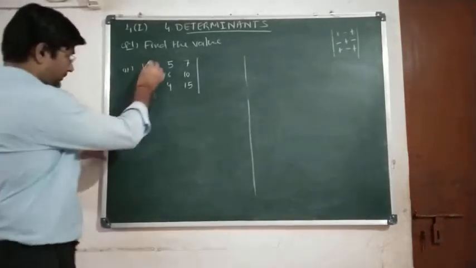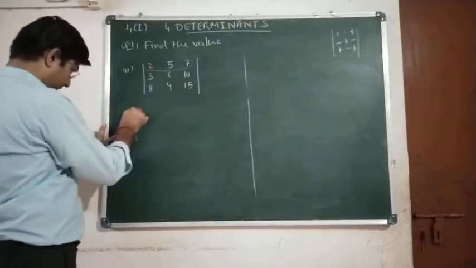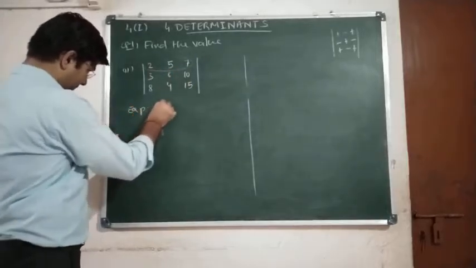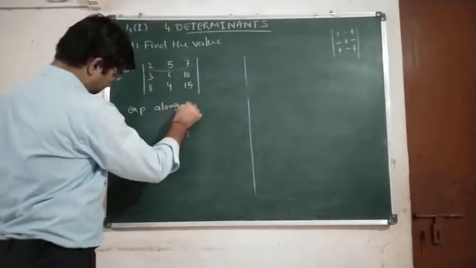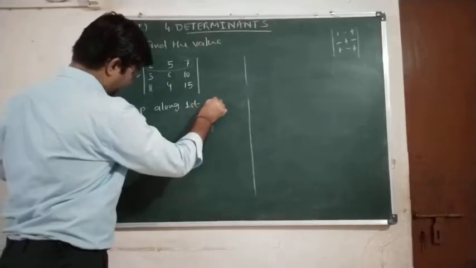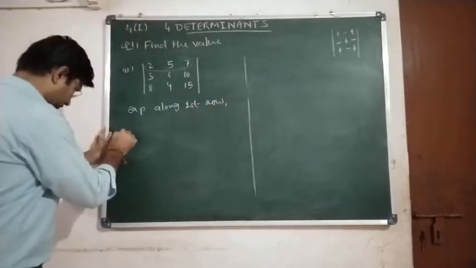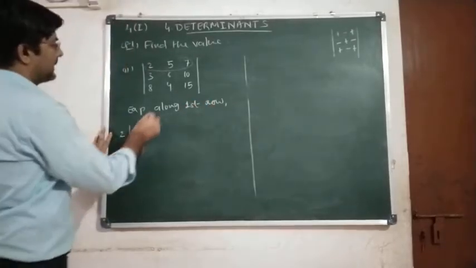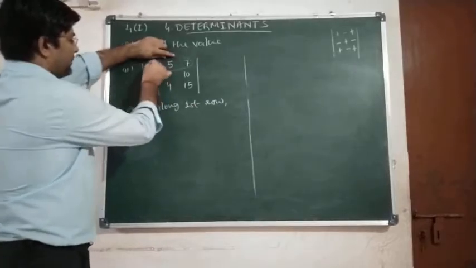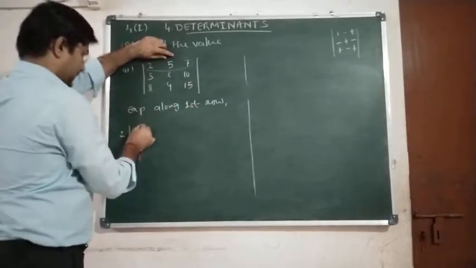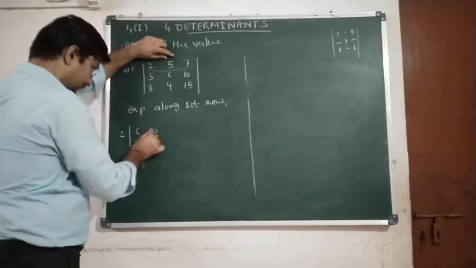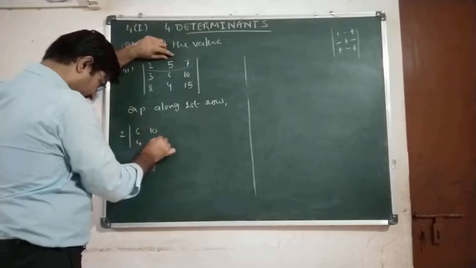Let us expand along the first row. So we have 2 multiplied by the determinant obtained by eliminating the first row and first column, which is 6 4, 10 15.